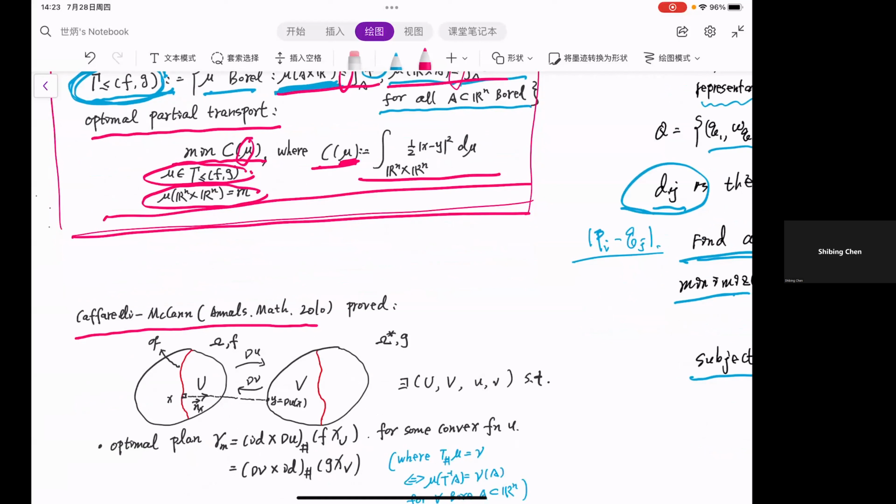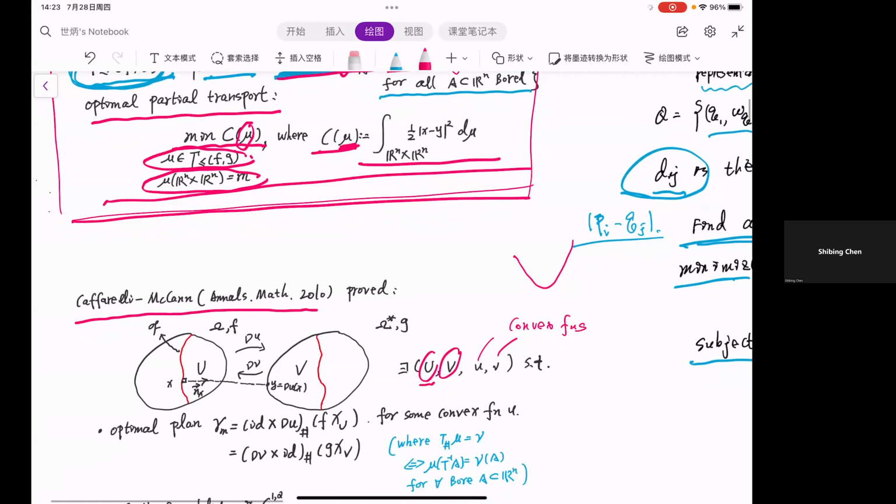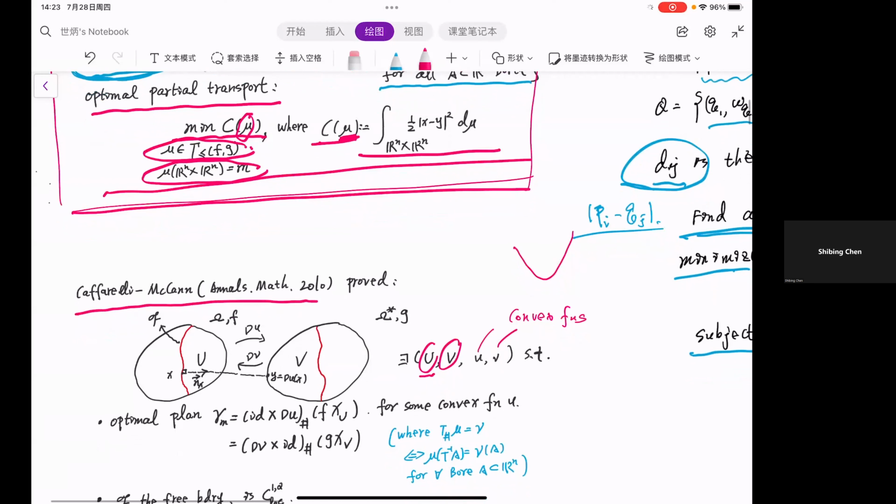What they proved contains a lot of information, characterizations of this optimal transport plan. For example, they proved that there exists a subdomain U of omega, and a subdomain V of omega star, and also two convex functions u and v.